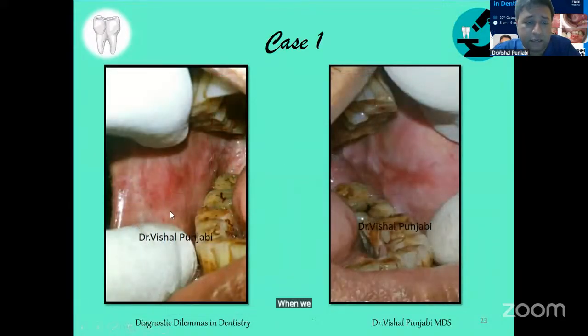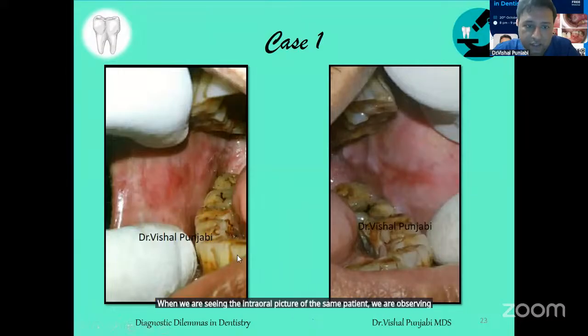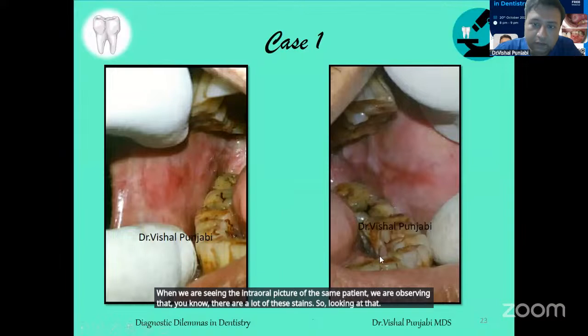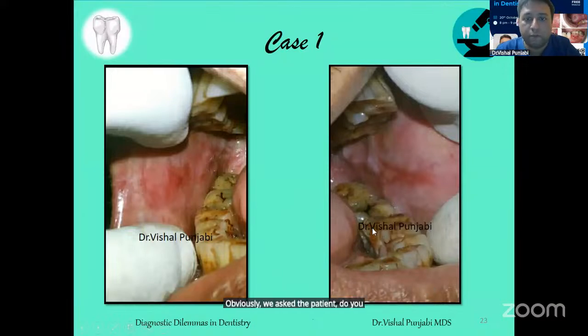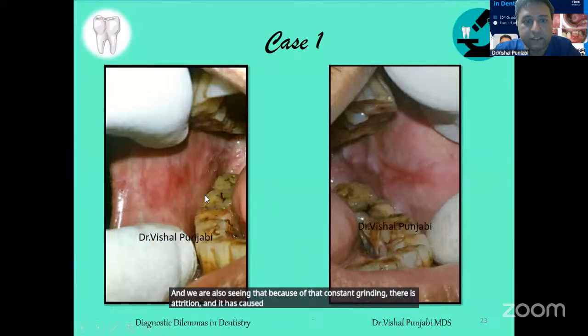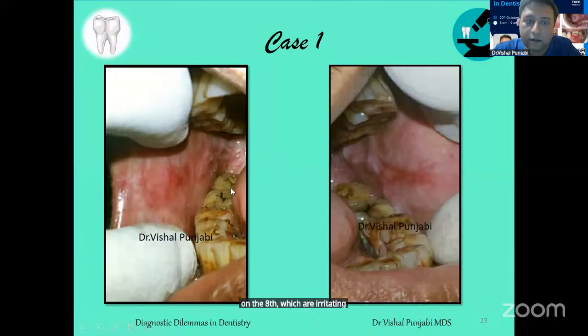When we look at the intraoral picture of the same patient, we observe a lot of stains. Looking at that, obviously we ask the patient whether they consume any form of pan masala or tobacco. They say yes to everything. We also see that because of constant grinding, there is attrition, which has caused sharp edges on the teeth that are irritating the buccal mucosa.